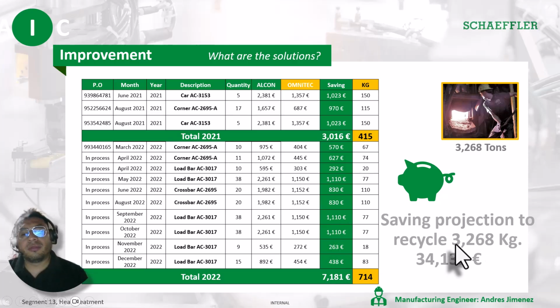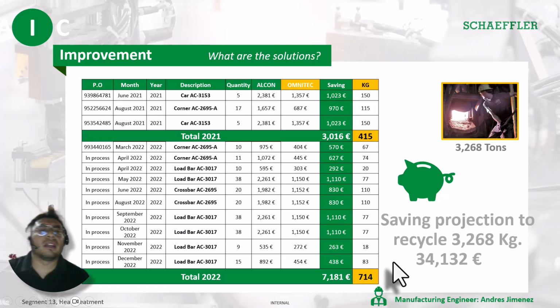The prediction for one year was 31,132 euros. That was our projection at that moment. However, we started selling the tooling from 2021, and in 2022, this is the saving that we had at that moment.